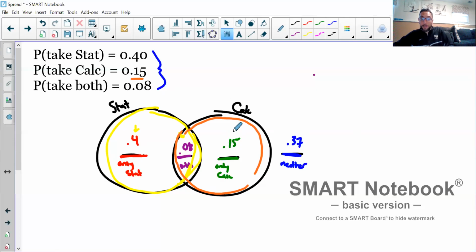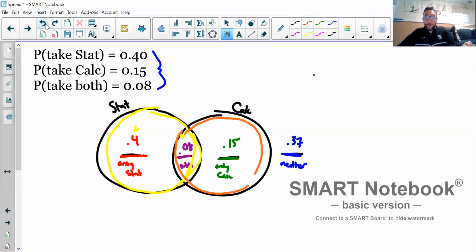However, right now this circle contains 23%: 0.15 here and another 0.08 over here. If you did this in your Venn diagram, that's normal. That's what I expect everyone to do the first time. But we've got to make some adjustments. These are incorrect because right now the total yellow circle adds up to 48%, and we only want 40. And the total calc circle in orange adds up to 23%, 15 plus 8, and we only want 15. So we've got to adjust some of these values.